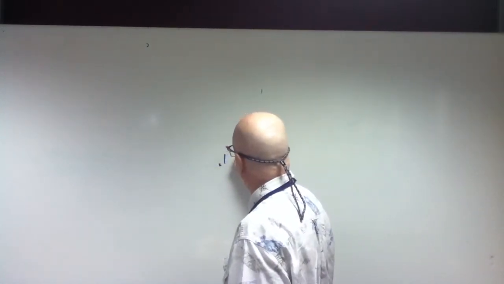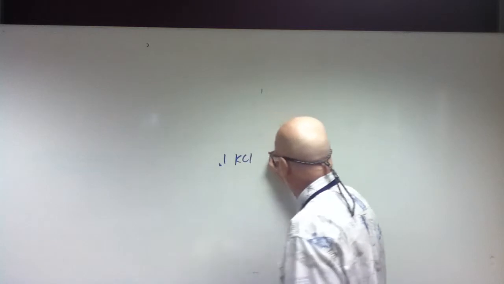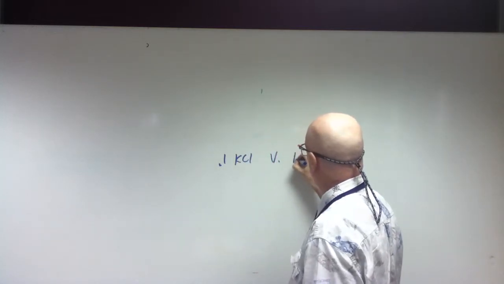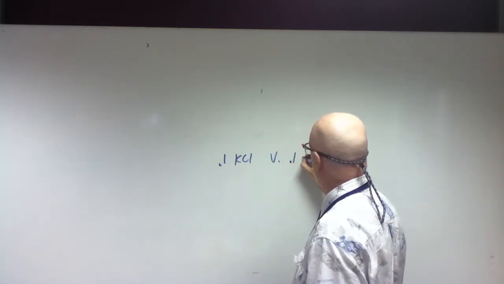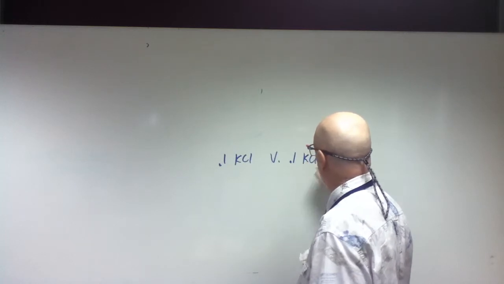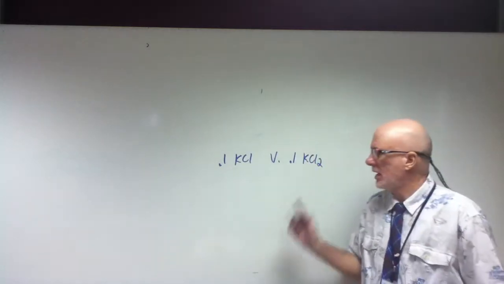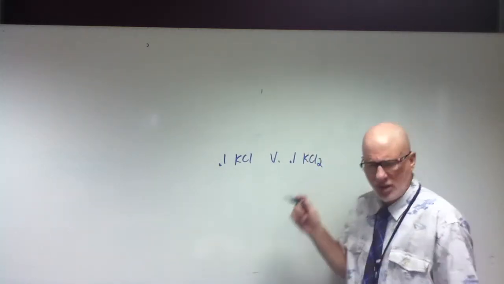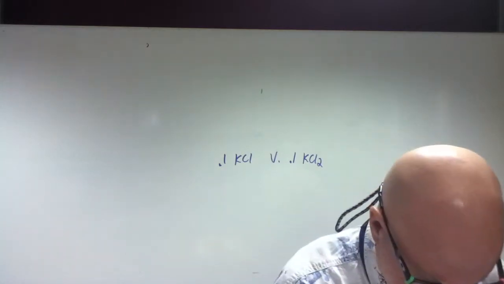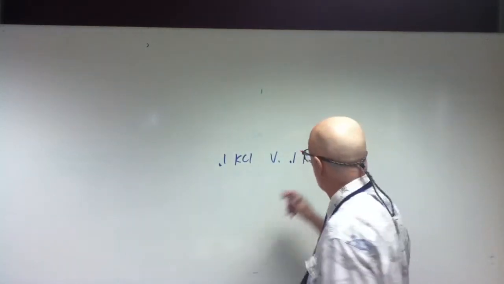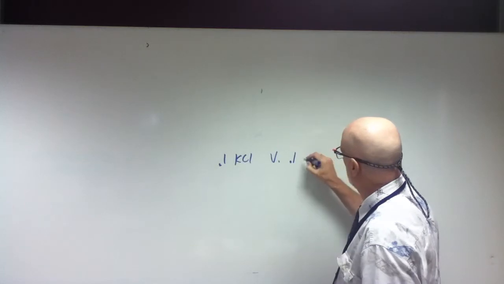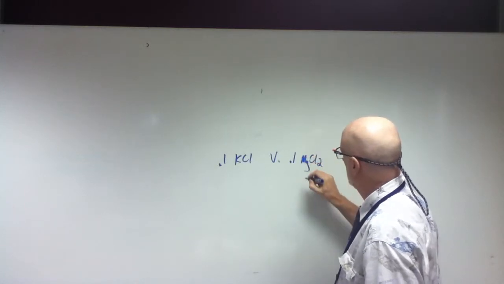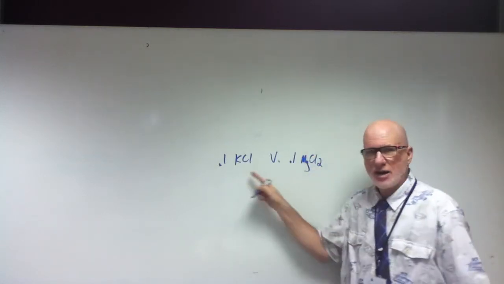How about 0.1 molar potassium chloride or 0.1 molar magnesium chloride? What's going to be higher? Sorry, that's not right. Magnesium chloride. Sorry, just didn't look right there. What's going to have a higher boiling point?